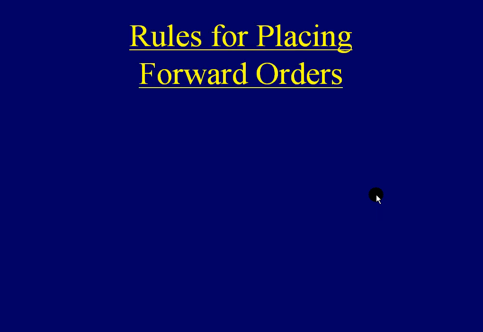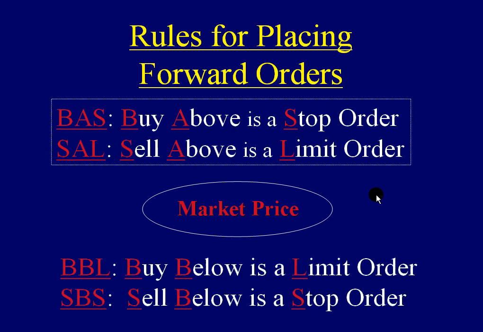Now, rules for placing forward orders. This is very important. You have a market price. So if price is right here right now at this level, and you want to place an order that at some time in the future you want to buy, then you'll place the order as a stop order.